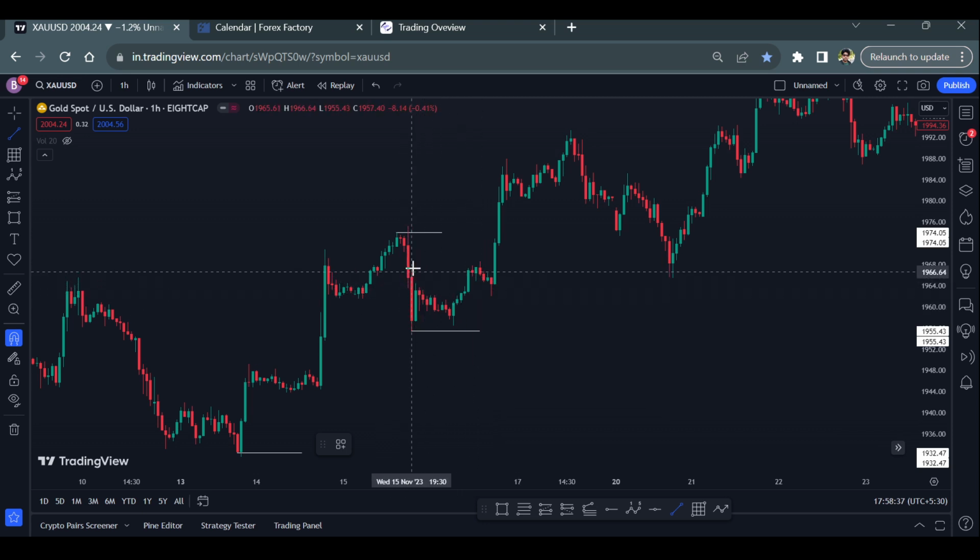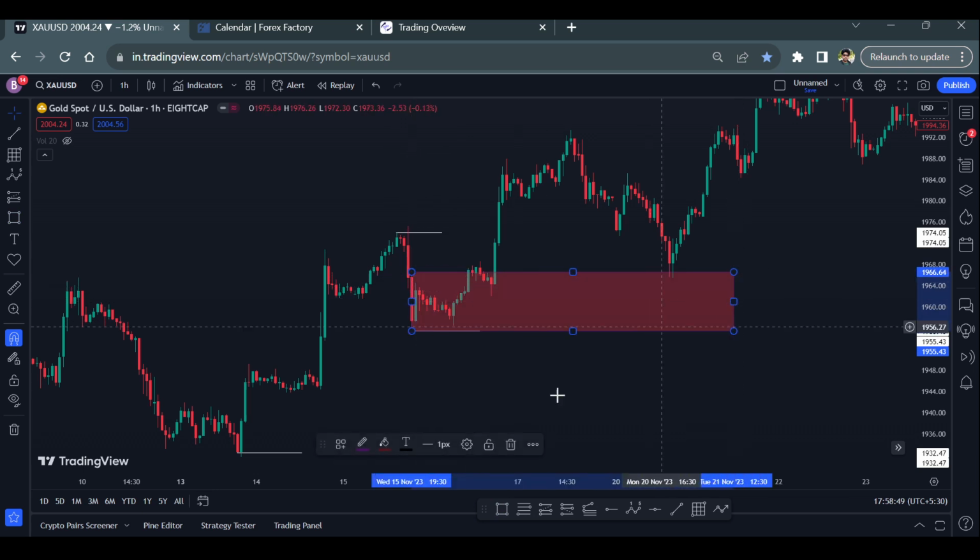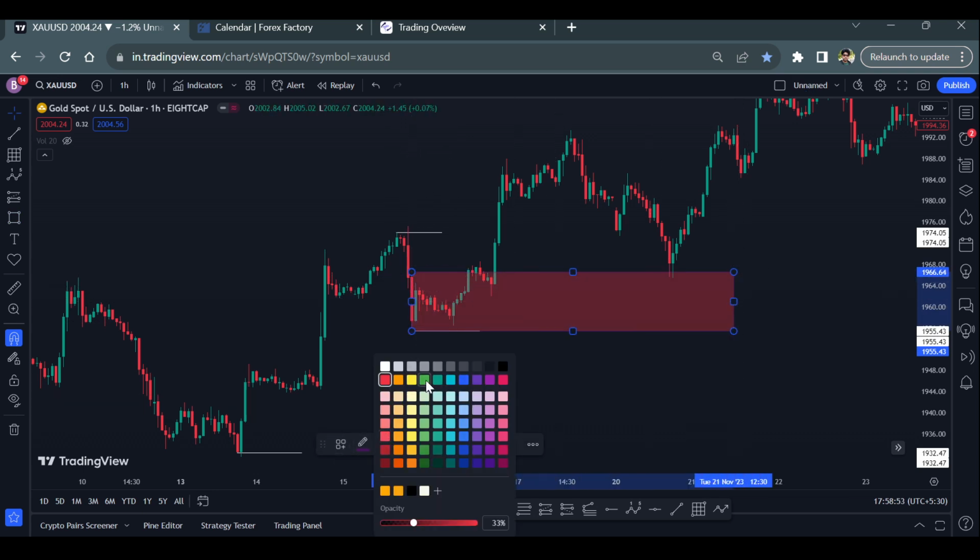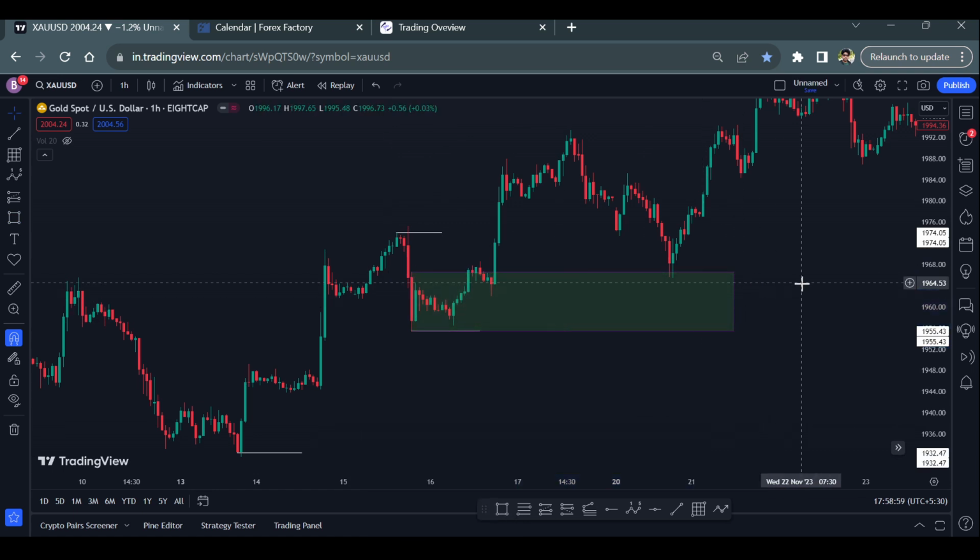Above this candle there is a high, right? Let me explain very simply by drawing a box. I'll take the high of the candle and the low of the candle like this and draw it as a demand zone. Let me reduce the opacity. So this is my demand zone.